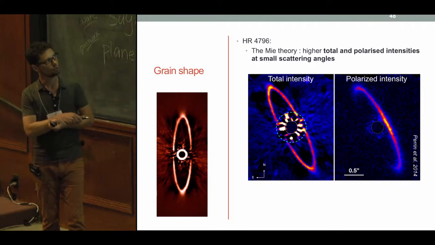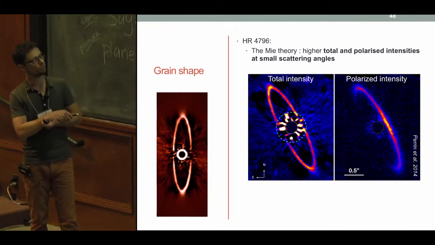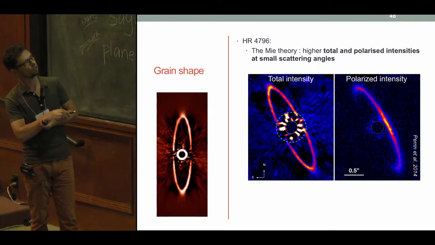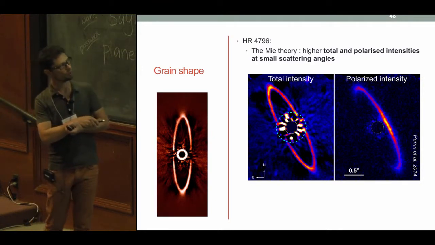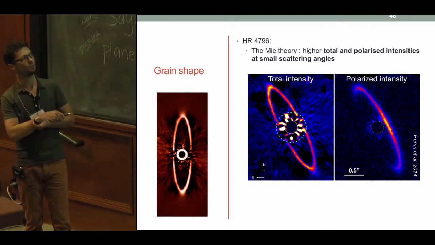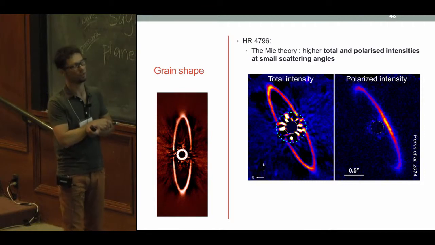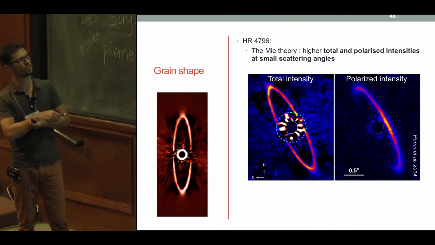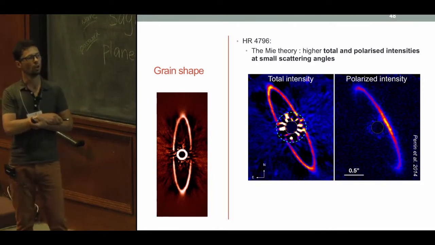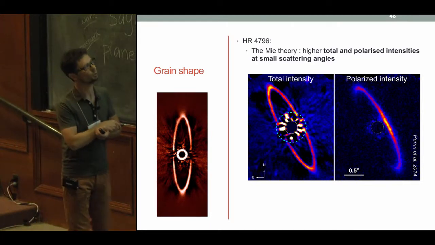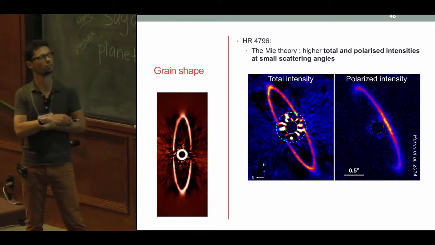But the thing is getting even worse. You had two papers last week in astro-ph, one by Perrin et al. and another one by Milli et al., observing, again, HR 4796. You do expect, for a broad range of grain sizes and dust properties, that the light in total intensity and in polarization should be much higher at small scattering angles.